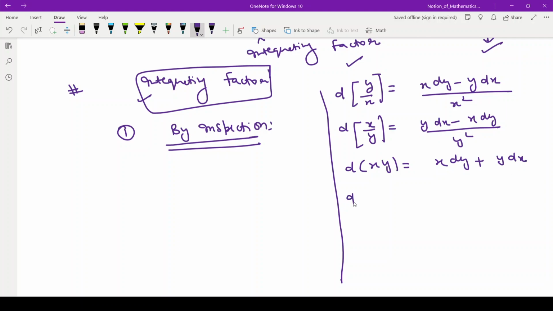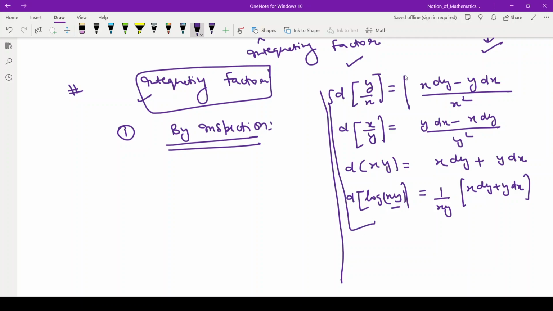Or if I write d of log of xy, then it is 1 upon xy and then the differentiation of xy, that is (x dy plus y dx) upon xy. So there are a few formulas in which we write these terms as an exact term, I mean to say as d of something.